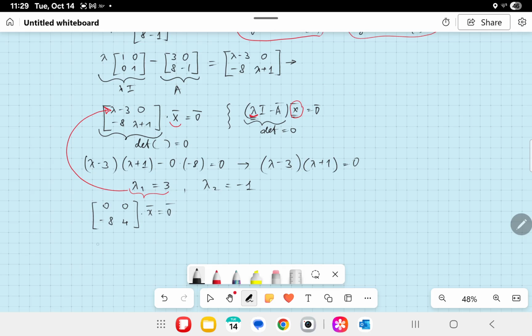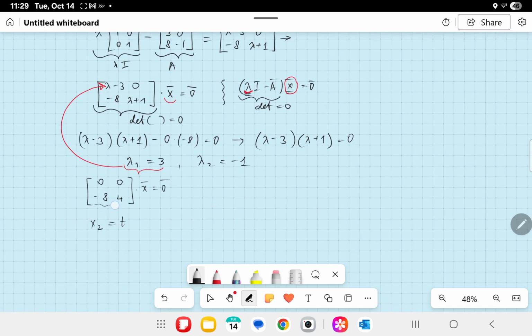I'm going to set x2 equals t. Then, what is going to be x1 from equation number 2? Minus 8x1 plus 4t equals 0, from where x1 equals what? 4t over 8, which is 1 over 2 t.